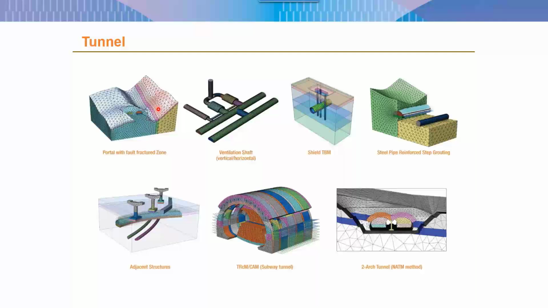You can go for a 3D analysis using GTS NX. Otherwise, the combination of ventilation shafts plus access tunnels to the main subway system, including the cross passage, can be modeled. Or you can model something like a shield TBM progressing through the urban areas.